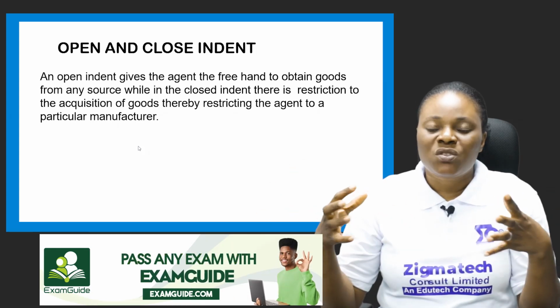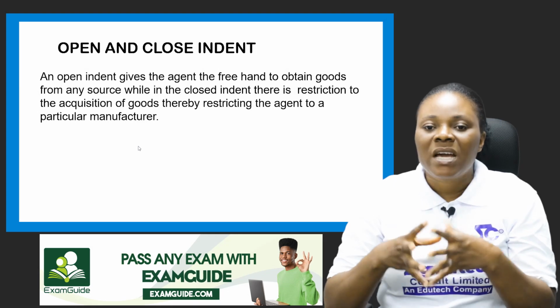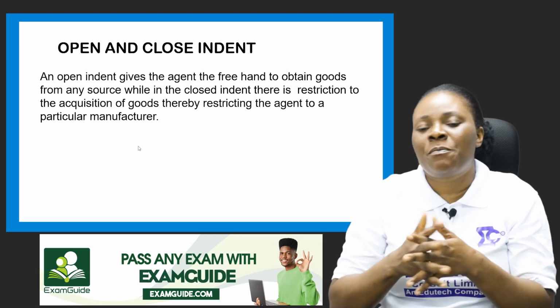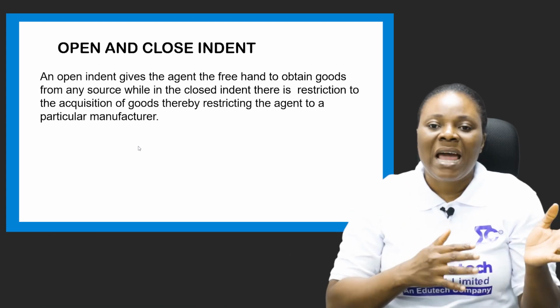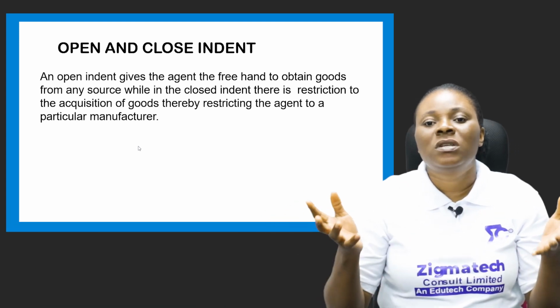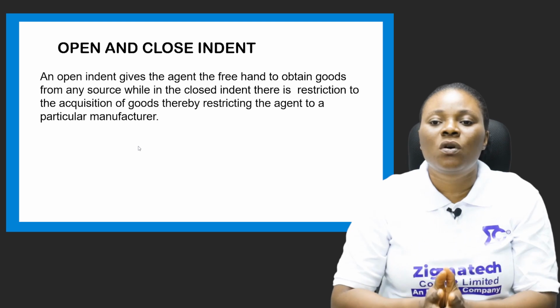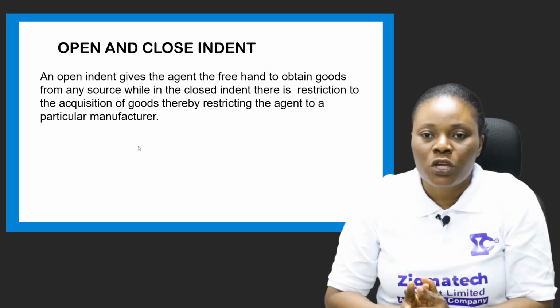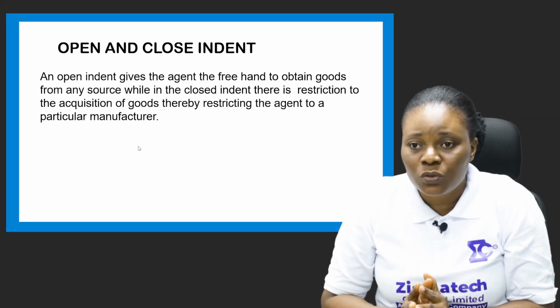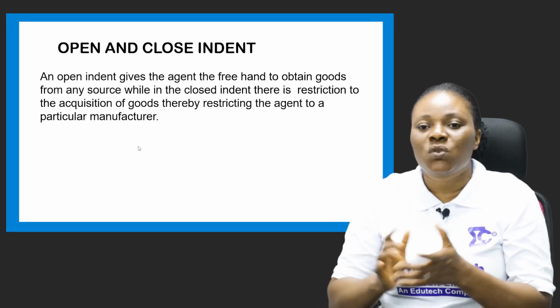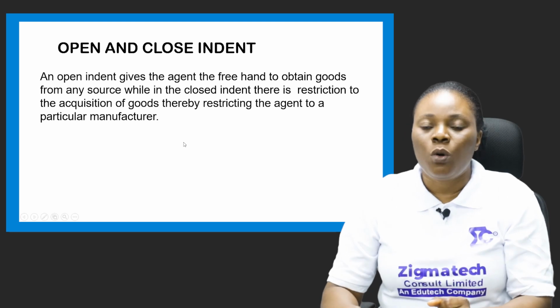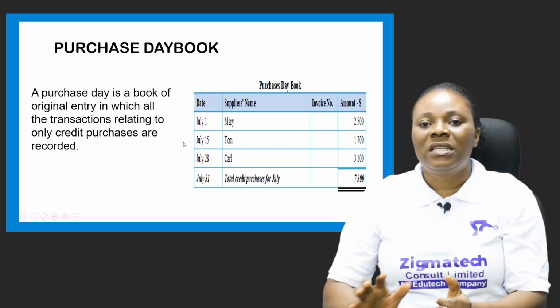So it restricts the agent to a particular type of product, to a particular source, unlike the open indent. So this also is a purchase document prepared by a buyer and given to an agent to source for goods, the open and the closed indent.